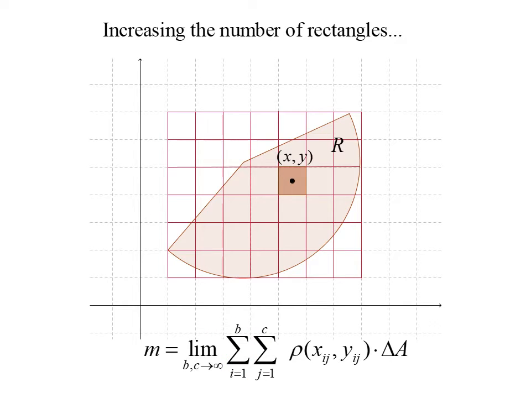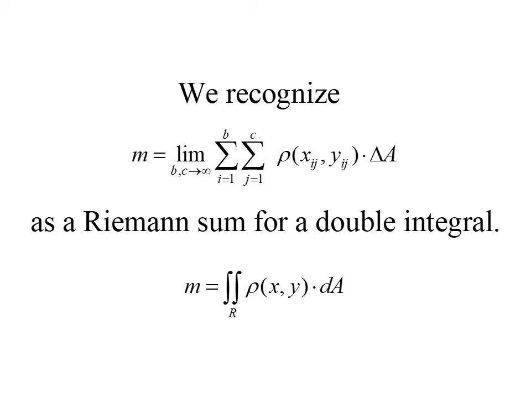And as we do the limit of that, as both the number of horizontal and vertical rectangles becomes infinite, we have an integral. The density could be a function or just a constant. The dA, of course, has to be something that describes the region. And of course, then we have to match these together, make sure that we get the region taken care of.